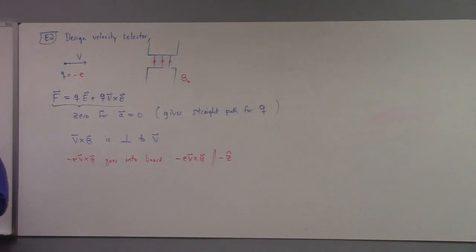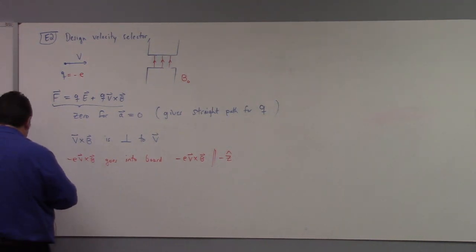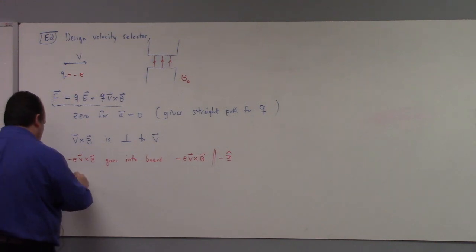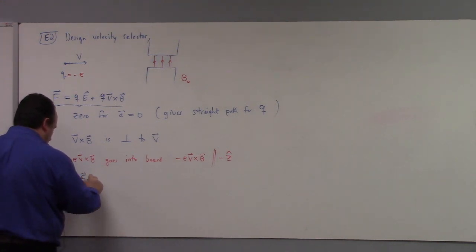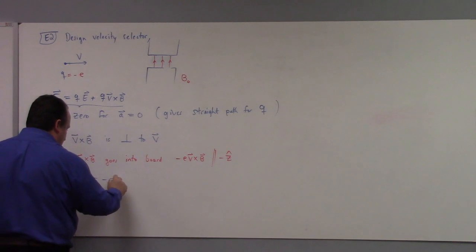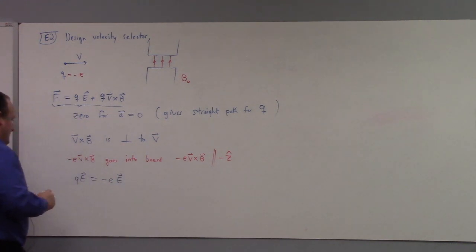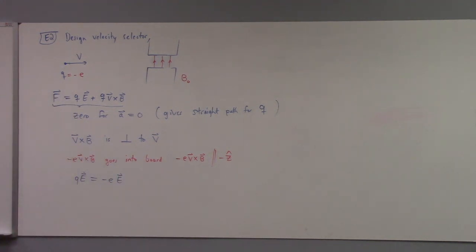So if we have that situation, how about QE? Well, QE is minus E times E. Sorry, I'm an idiot. But if you want the sum of these two forces to be zero, which direction should you make the electric field go? You want that to be out of the board, right?